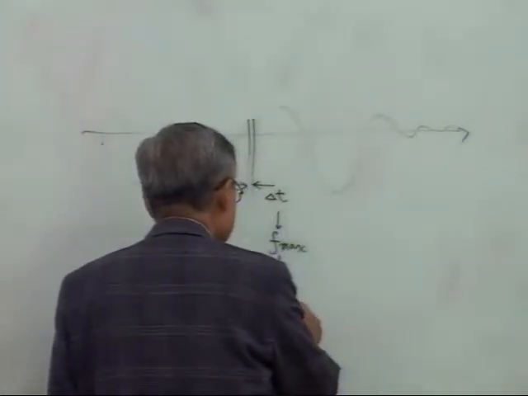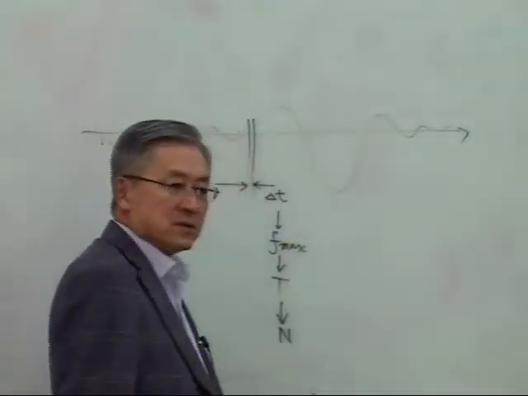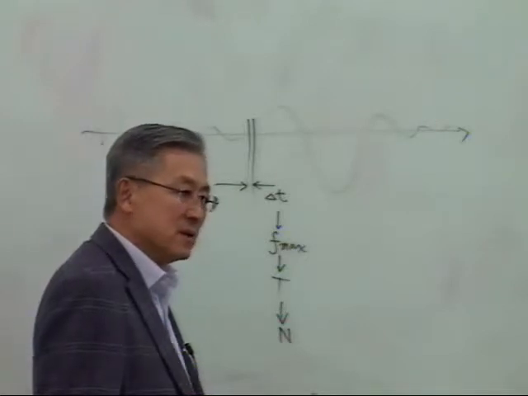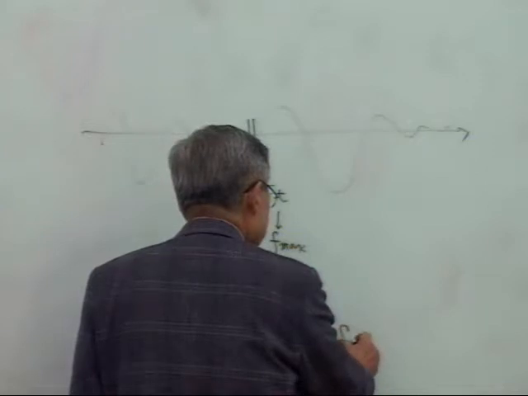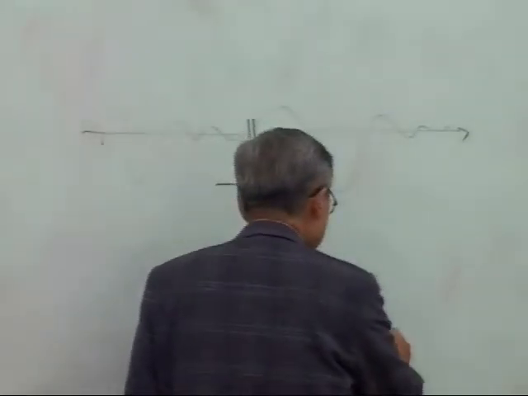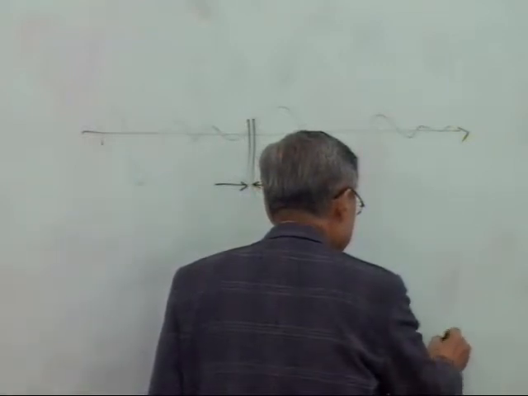And you have to know how many data points you have to select. And you have to know the sampling frequency, which happens to be always 2 times F max.